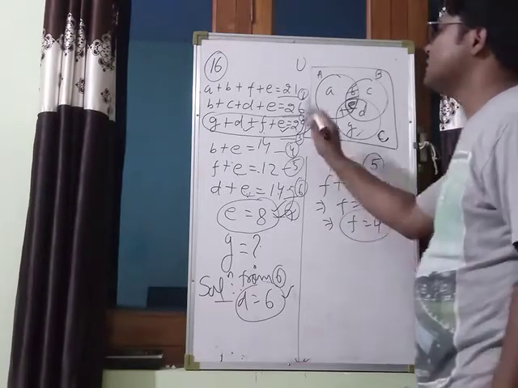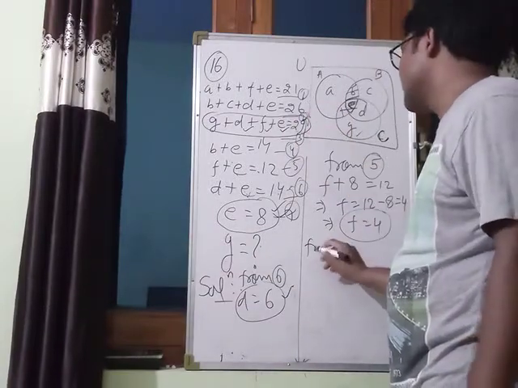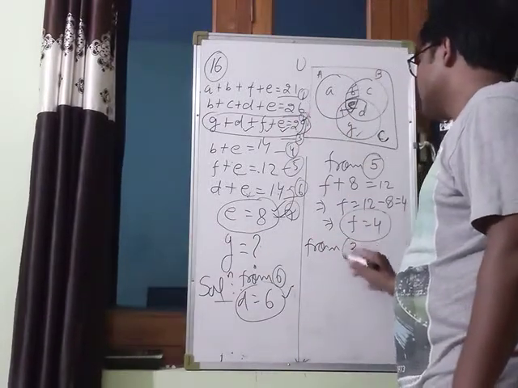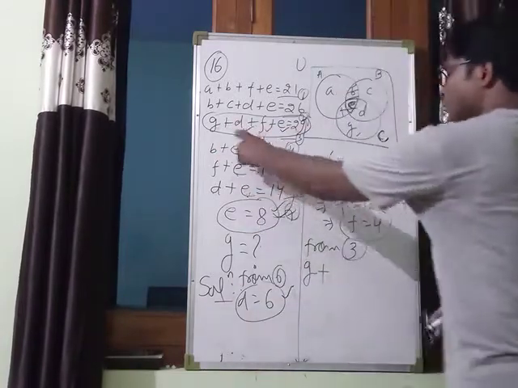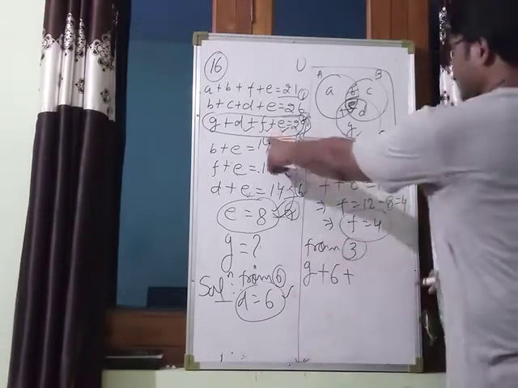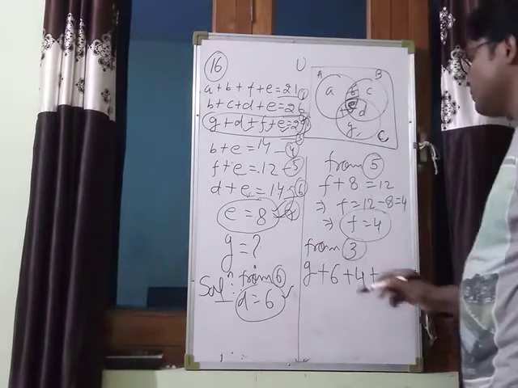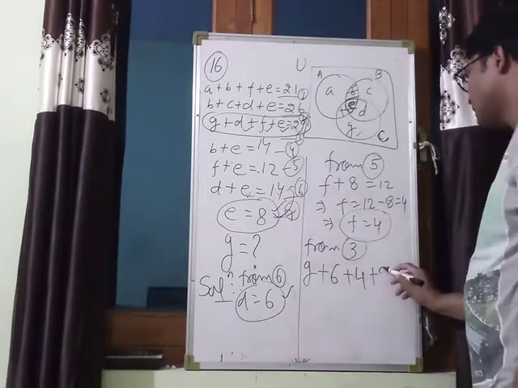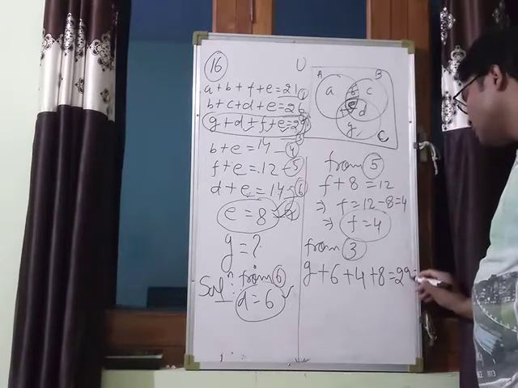And we want G. Now we can easily find G from the third. So G plus value of D, which is 6, plus value of F, which is 4, plus value of E, which is 8, is equal to 29.